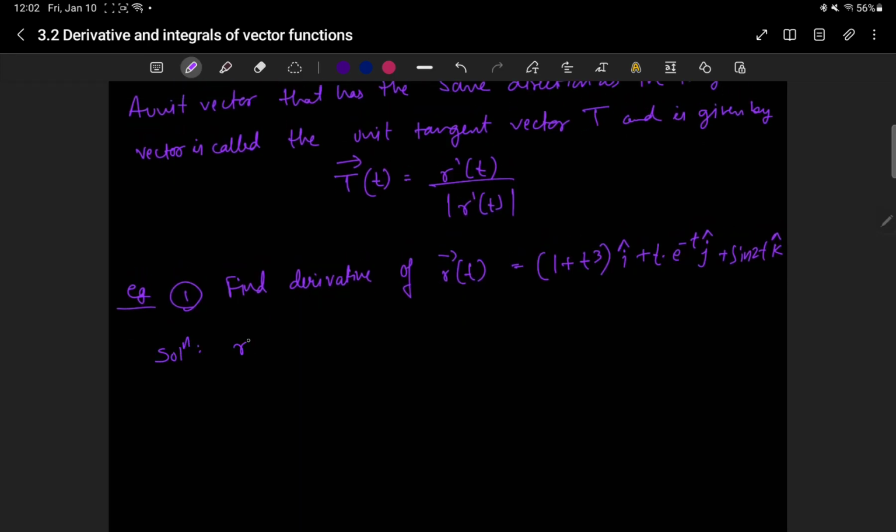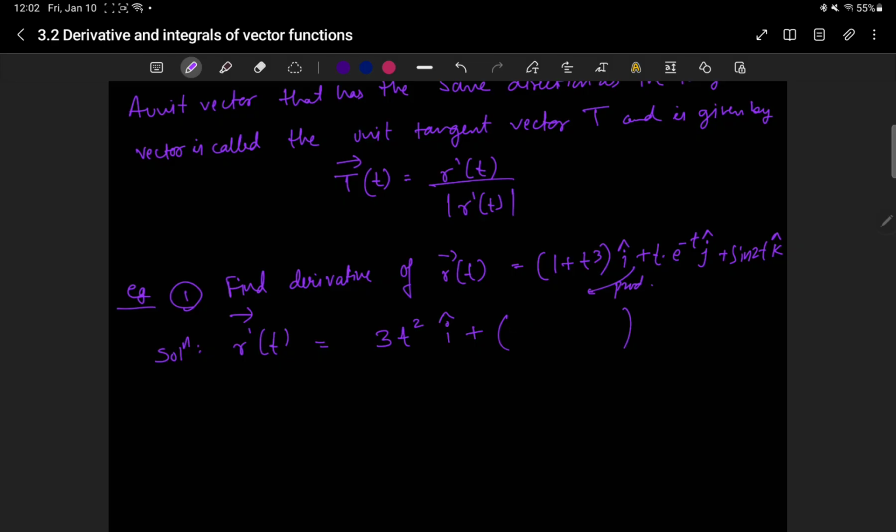So the solution is straightforward as long as you remember how to find the derivatives of each of these. So 1 plus t cubed using the polynomial rule is 3t squared i cap. For the second one, you have to use product rule.